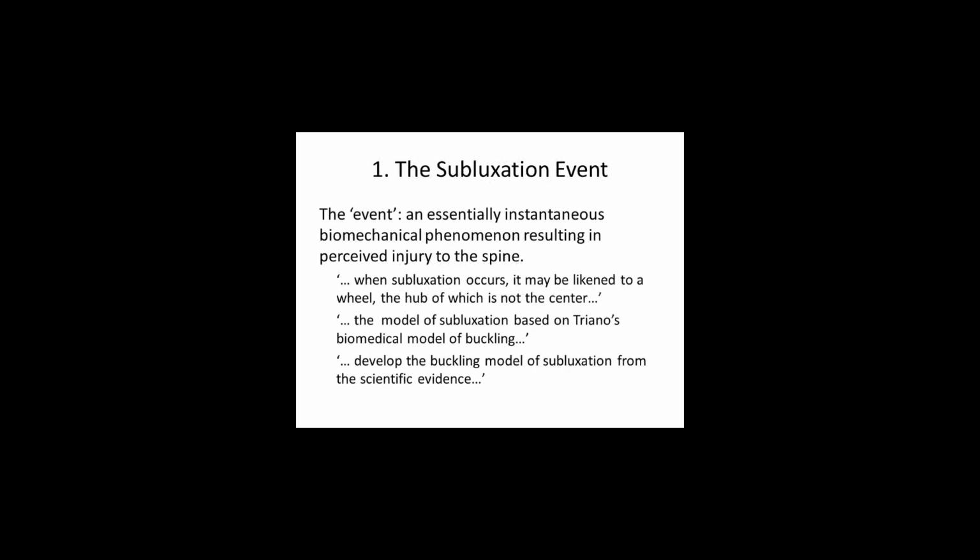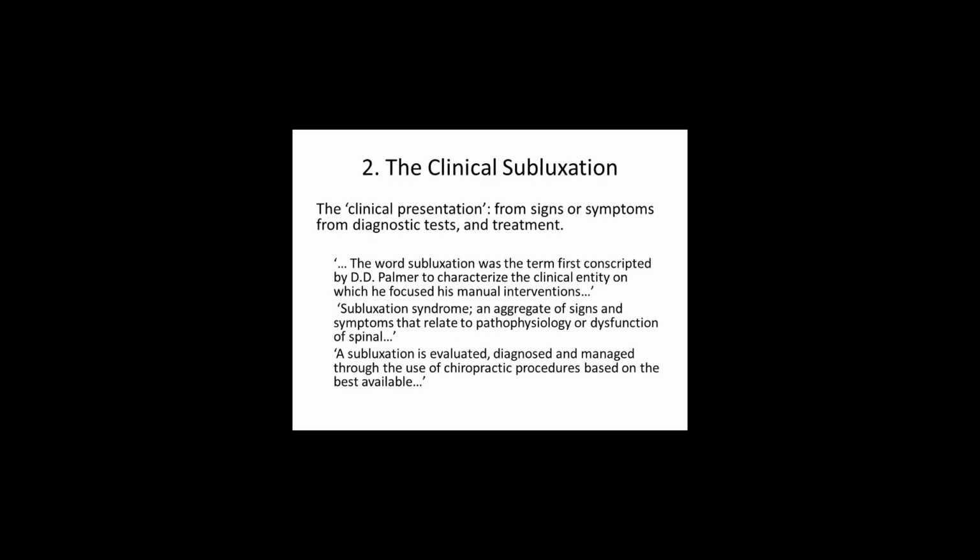The instantaneous occurrence of the subluxation was portrayed as a biomechanical failure of some stabilizing element of the spine. Here are some examples of that usage. The clinical syndrome was all of those signs and symptoms which clinicians normally use to form the diagnosis of subluxation, or fixation, or restriction.